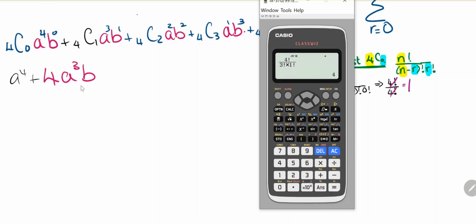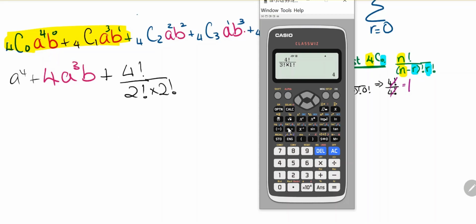Now we're going to have a look at the next one. So we've done those two. So let's look at the next one. So this is 4C2. It's 4 factorial over 4 minus 2 factorial. 4 minus 2 is 2, so this is just going to be 2 factorial, and we're multiplying by 2 factorial.